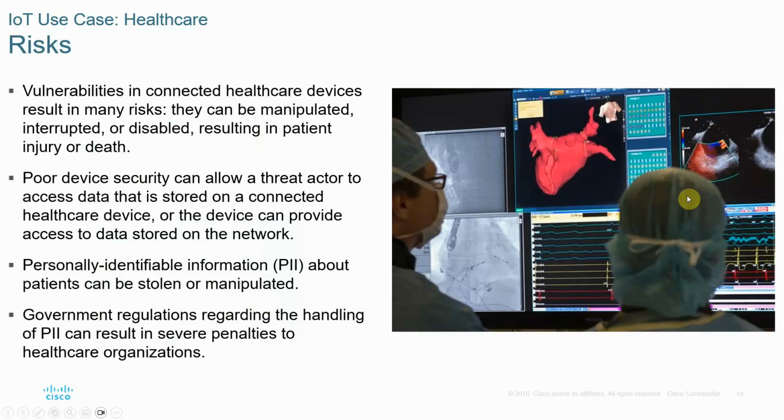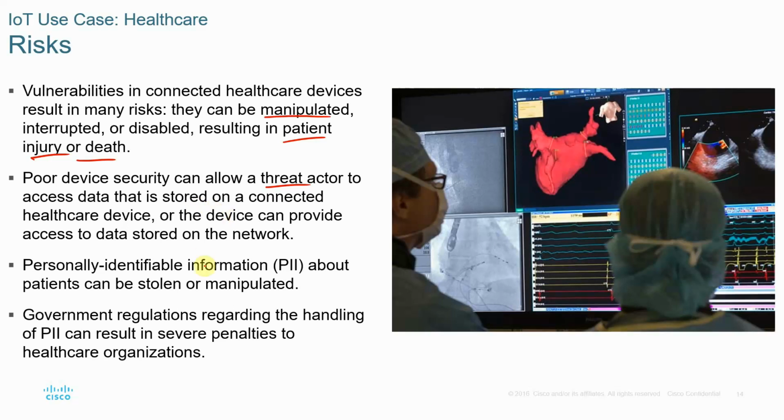Next, the risk. When there is vulnerability, there are weaknesses, right? Data can be manipulated, as we mentioned, and may cause a patient injury or death, for example if the heart pacer is not working. It can allow any hacker to connect, access the data and receive this information.